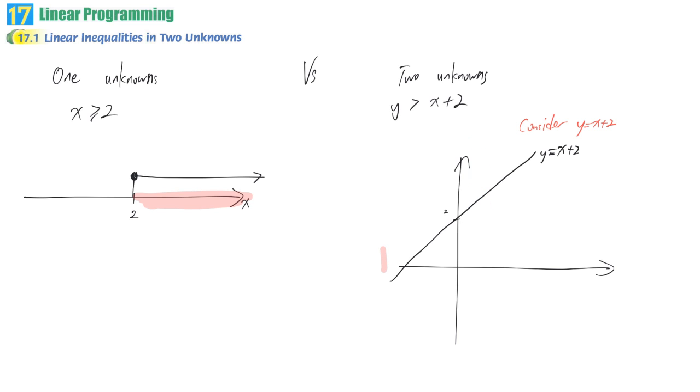So we are talking about this region, and all the points in this region will fulfill the requirement. But if it is the equal case, we use a solid line. However, if we do not include the equal case, then we can't use a solid line. We use a dotted line instead to represent that we do not accept the equal case.